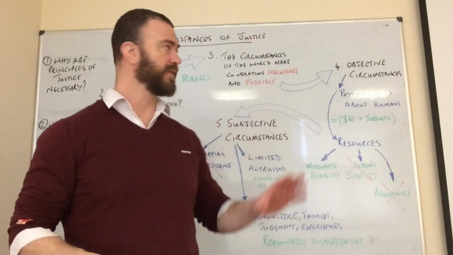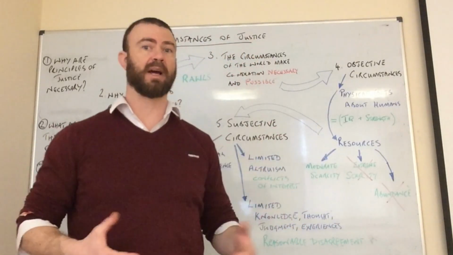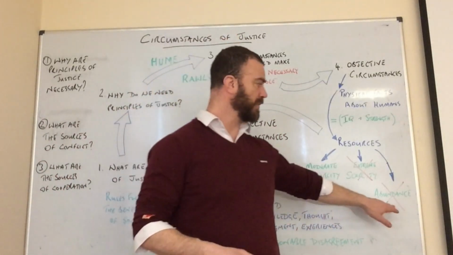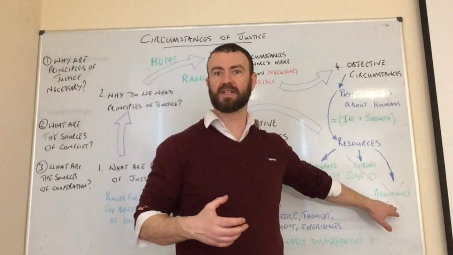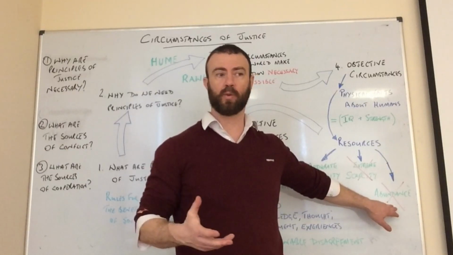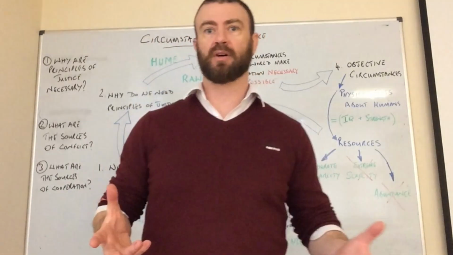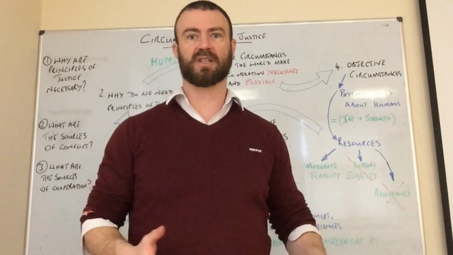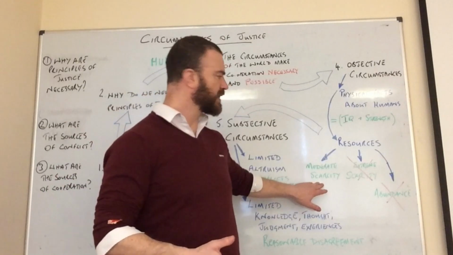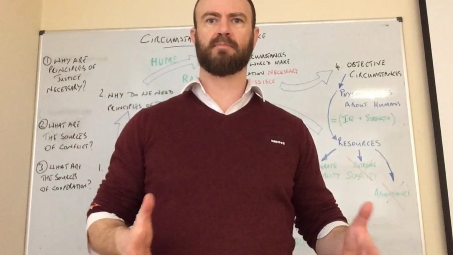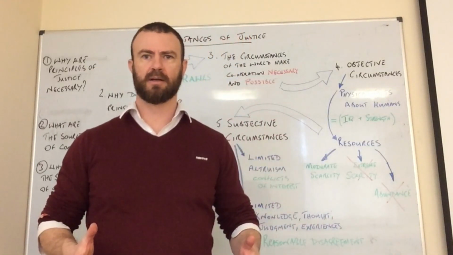If we did, if the circumstances were different, if the facts about our world were different, we wouldn't need principles of justice. Under conditions of abundance, we wouldn't need them, they would be superfluous, because we could have what we wanted. Under conditions of extreme scarcity, they would be irrelevant because no one would obey them, they would just be looking to survive. But under conditions of moderate scarcity, we have resources that help us to meet our basic needs.